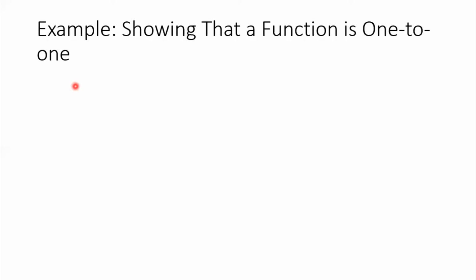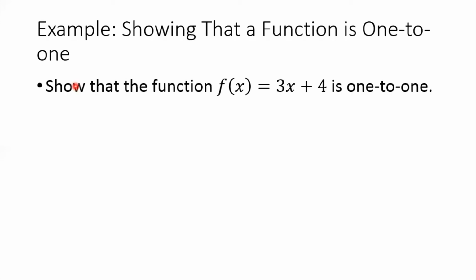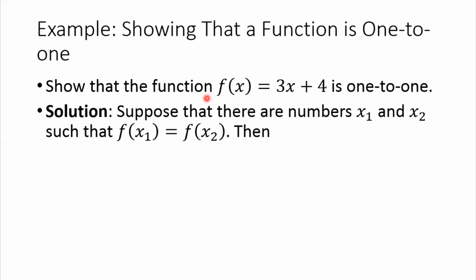So for example, show that the function f of x is equal to 3x plus 4 is 1 to 1. How to show that this function is 1 to 1, even if we do not know the graph of this function, by using only the algebraic notation?